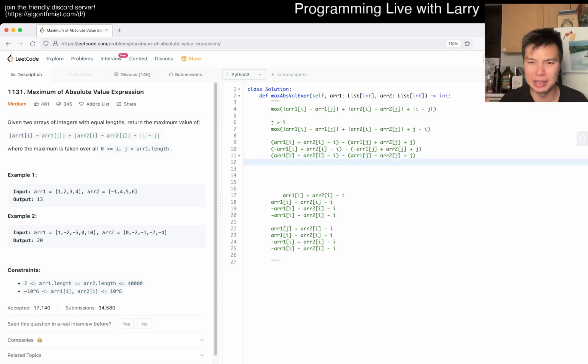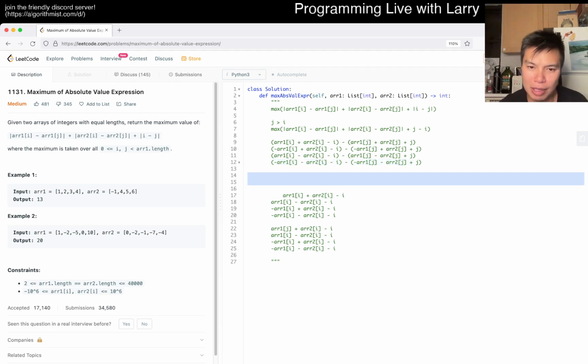And here we assume that the j is bigger than I so that we can be a little bit easier. But I don't know if that, maybe that's right, maybe that's wrong. I think that's right. And then the last one is just negative 1 of I minus R2 of I minus I minus negative 1 of j minus R2 of j plus j, right?